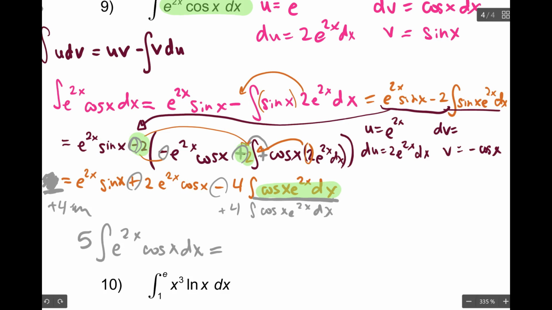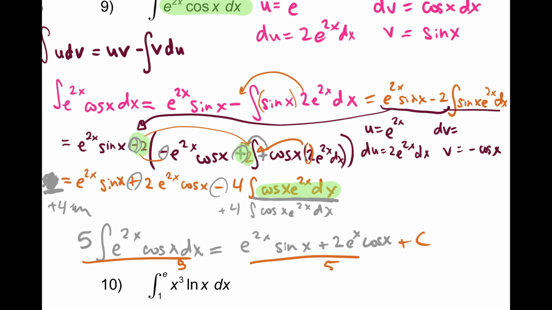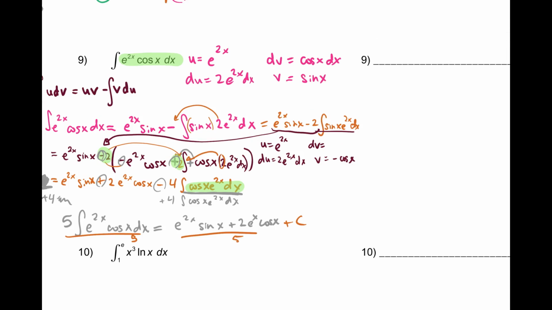whew, all right. I feel like you guys see what's coming. Plus 2e to the x cosine x. Boom, done. And you can take out the e to the, oh wait, shoot, that should be a 2.